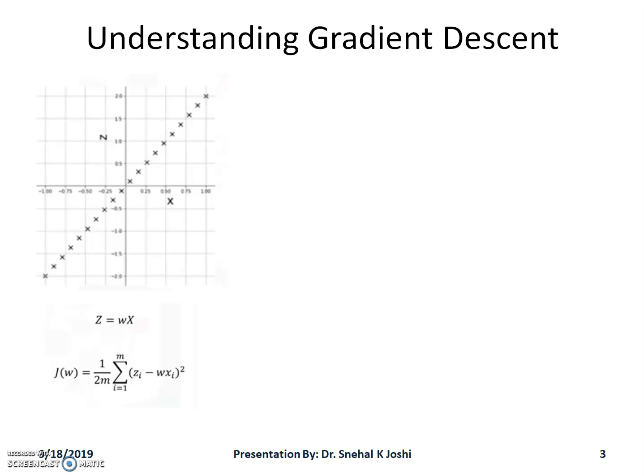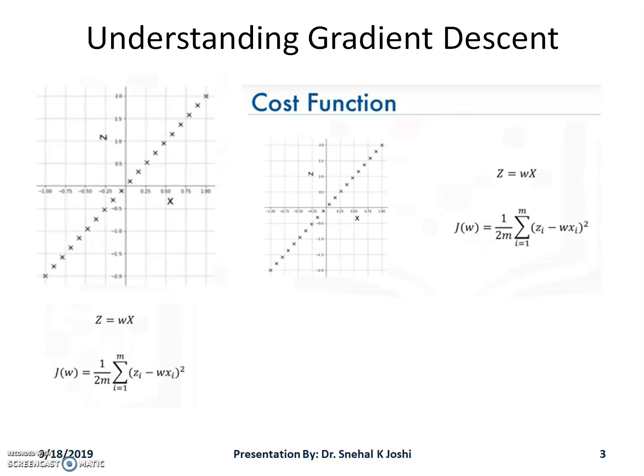Hence, we can say that our loss or cost function is the sum of squares of the actual value of z minus the predicted value of z using z equal to wx, divided by 2m, where m is the total number of data points.